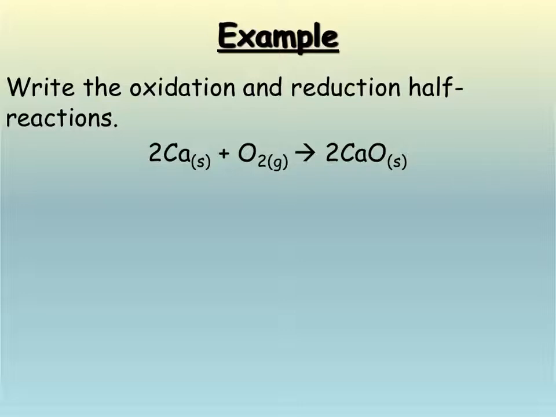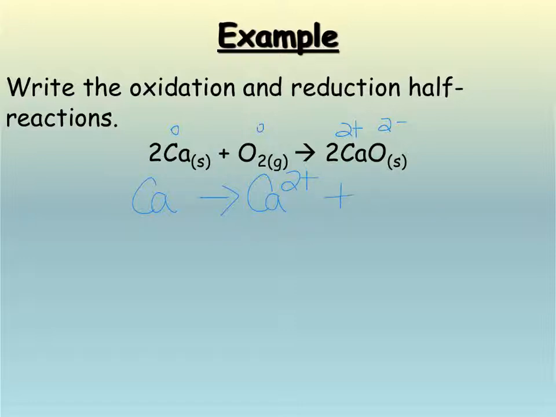So for this one, we know that calcium and oxygen both have a 0 oxidation number over there. Over here, they have 2 plus and 2 minus. So I'm going to pull my Ca out first. I've got my Ca, and my Ca is going to Ca 2 plus.